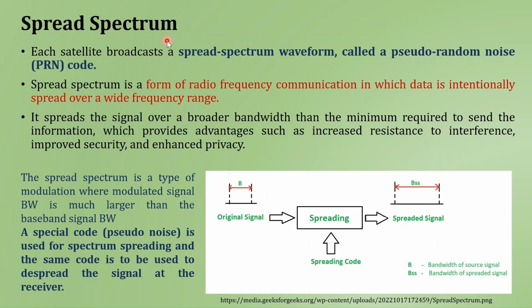So spread spectrum is the basic concept through which data is broadcast by the GPS satellites, and the pseudo-random noise code is very important because the same code is required by the GPS receiver to de-spread the signal and extract the information broadcast by the GPS satellites.